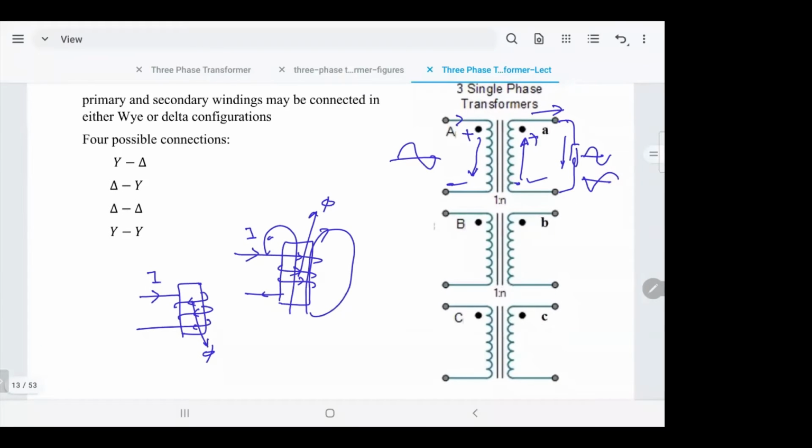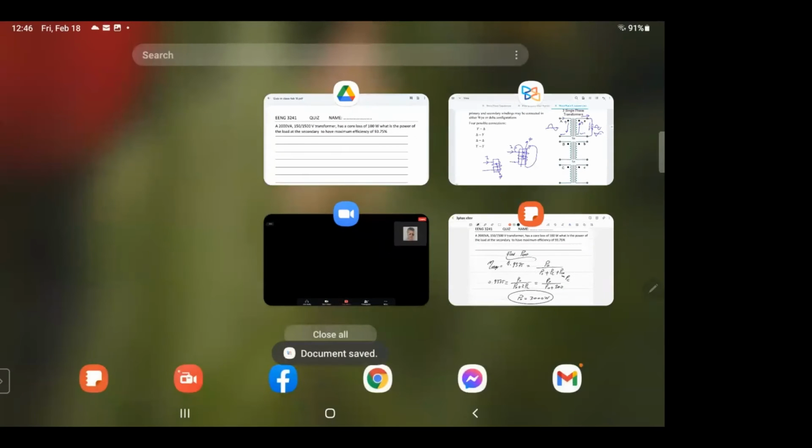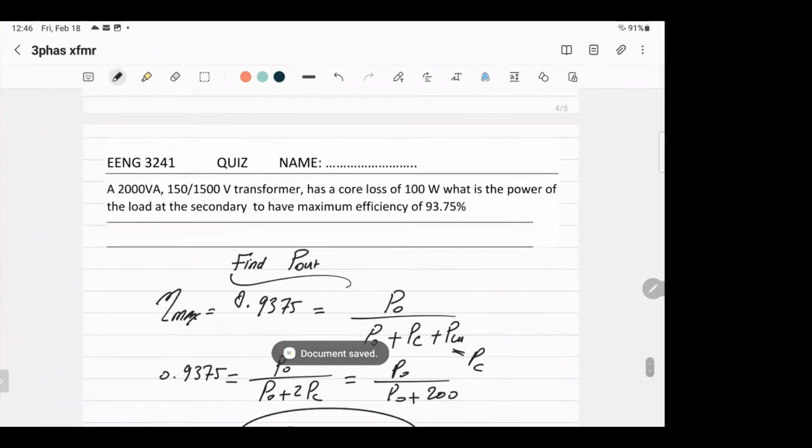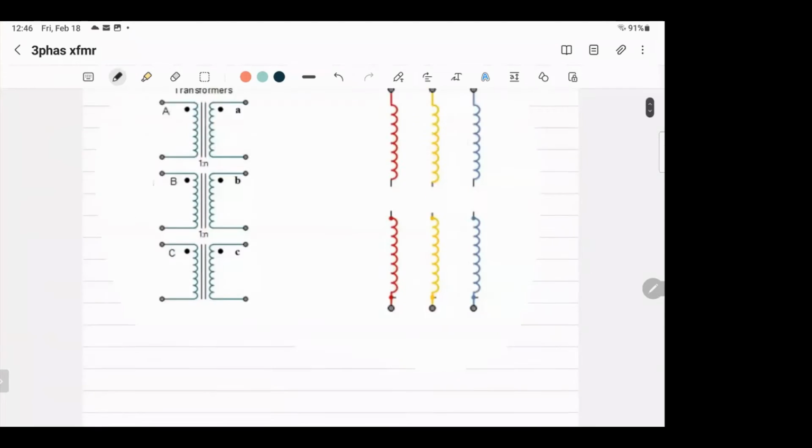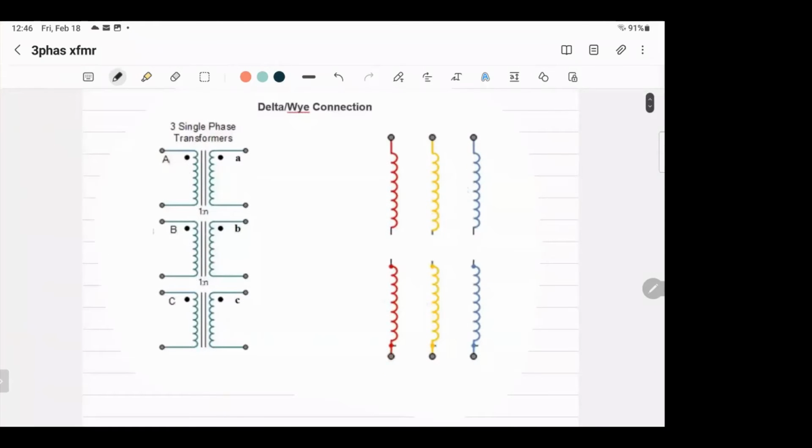You take it seriously. Now I want to see how I connect this one delta Y, with three single-phase transformers. So I will connect it delta Y. Focus with me on that, because you should understand how you connect.